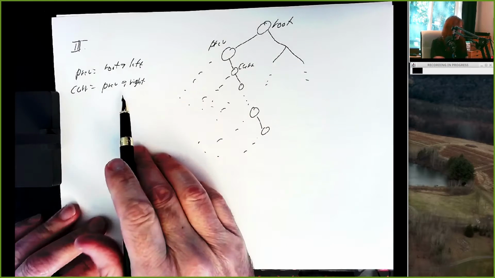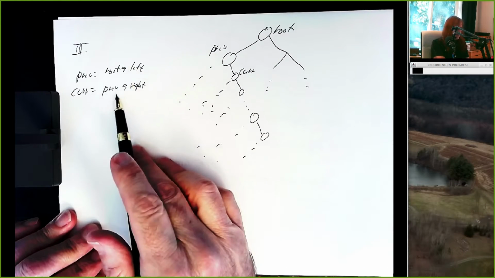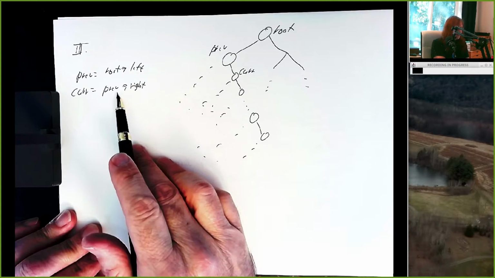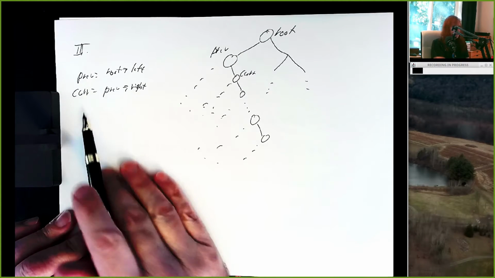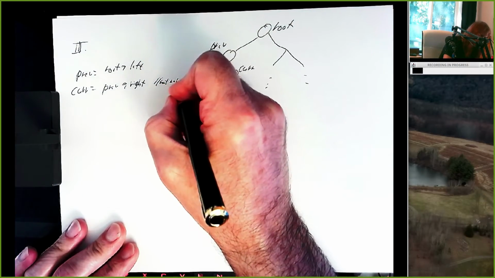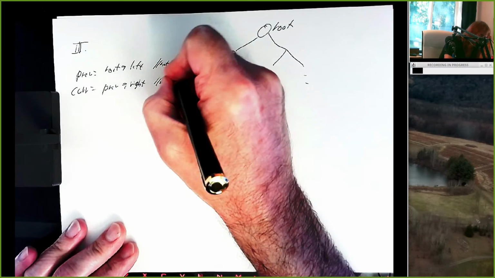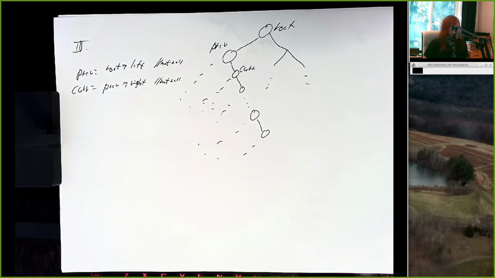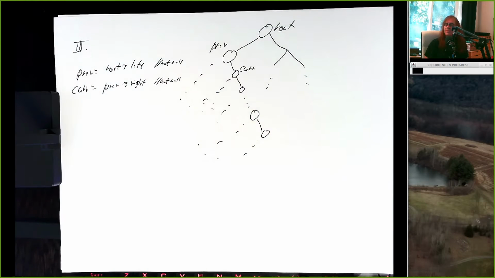So if this turns out to be null, we're in case 1. If this turns out to be null, we're in case 2. Since we're in case 3, neither of these are null. So this is not null, and this is not null. If you don't check for case 1 and case 2 first, you risk segfaulting when you're in here.